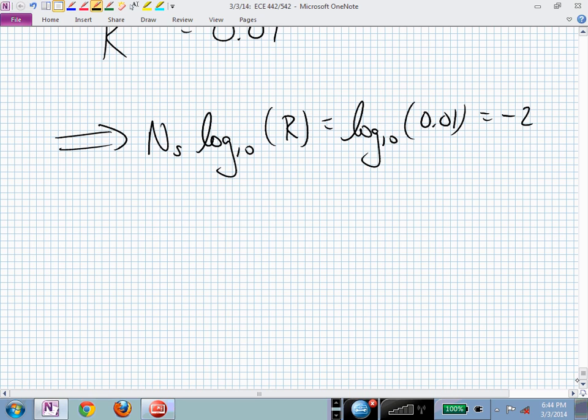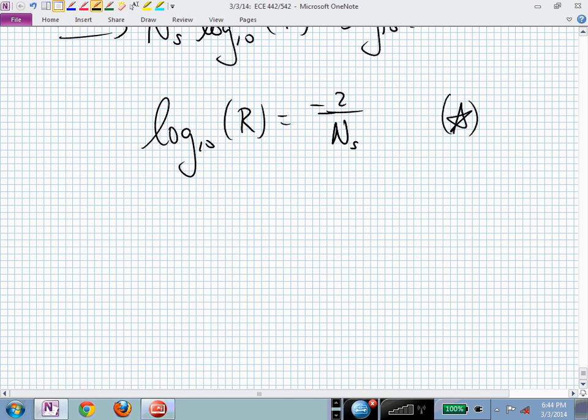If I solve that for log base 10 of R, that's just minus 2 over N sub s, and I might use that again, so let me call that my star formula.